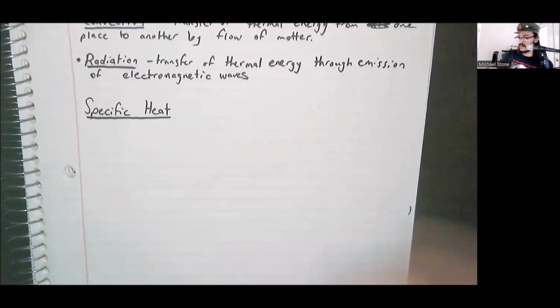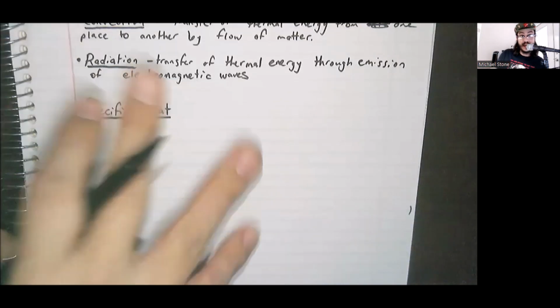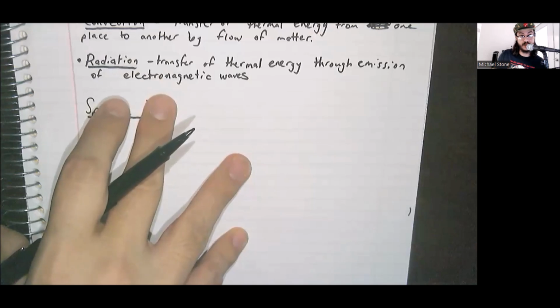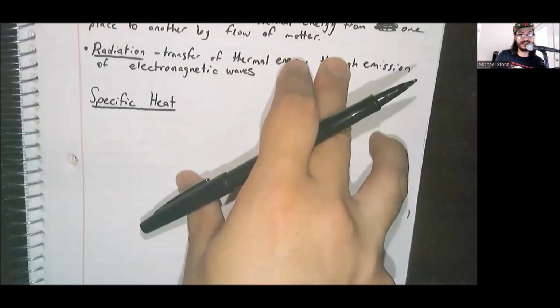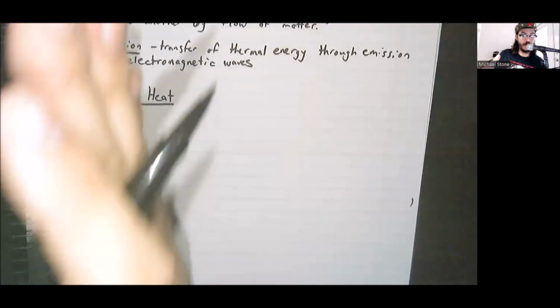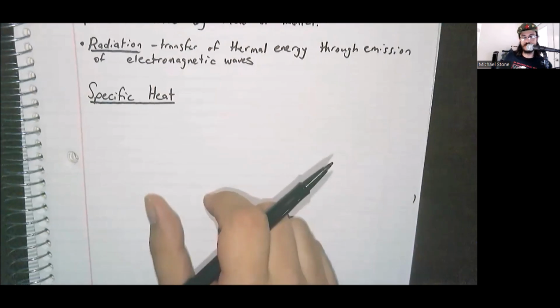And that relates to specific heat very well because it was the first unit we had for specific heat. One calorie was the amount of energy required to make 1 gram of water increase its temperature by 1 degree Celsius. Boom, there you go. One calorie makes 1 gram of water go up by 1 degree Celsius.